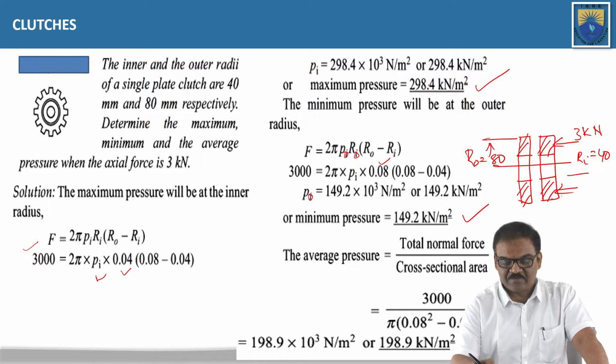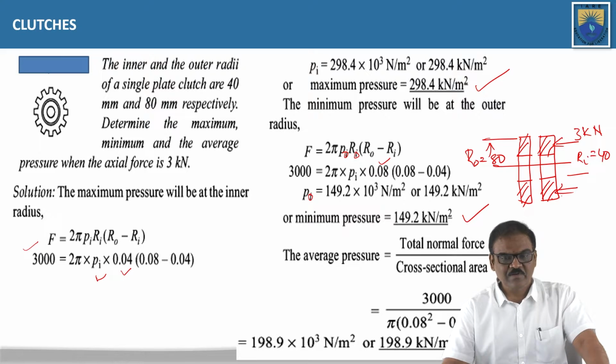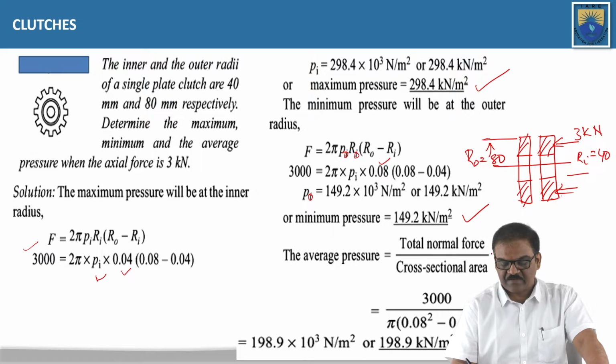When you consider these two, the pressure at the inner radius is almost double the pressure at the outer radius, because P into R is equal to constant. Hence, the average pressure is equal to total force by cross-sectional area as per uniform pressure theory.